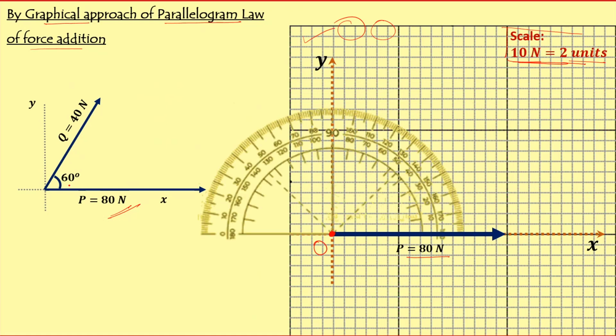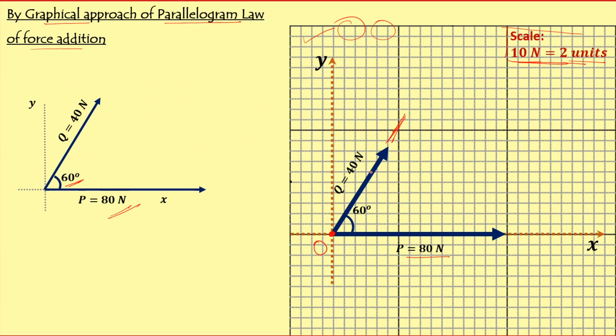The angle between P and Q is 60 degrees, so mark 60 degrees and draw the 40 Newton with the appropriate scale. To complete the parallelogram, we draw a line parallel to Q with the same dimension and parallel to P with the same dimension. As per the theorem, this diagonal is nothing but the resultant.